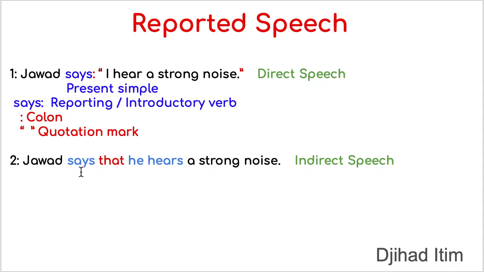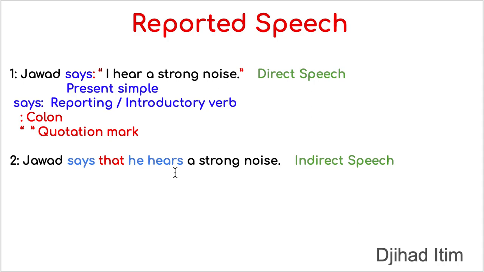Jawad says that what? That he hears a strong noise. Who hears a strong noise? Jawad hears a strong noise. So instead of I, we write he, okay? And this is the indirect speech.